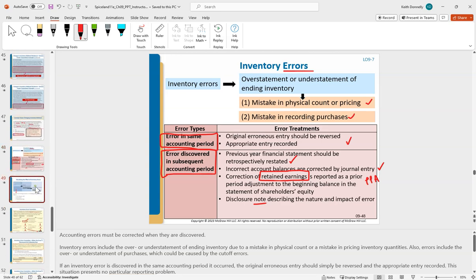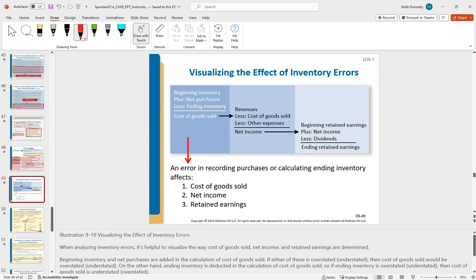Okay, so let's think about what's going on here. Here's the equation for inventory rearranged: beginning plus purchases minus ending gives you cost of goods sold, okay? If you screw up one of these things, it is going to screw up your cost of goods sold.